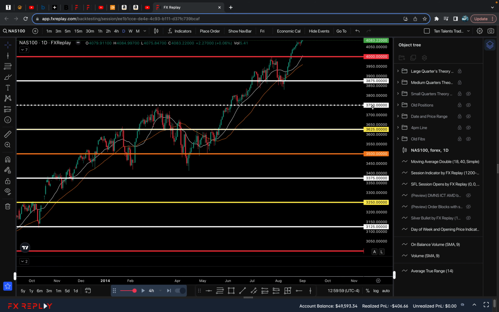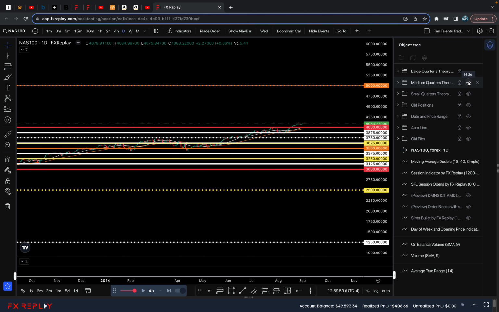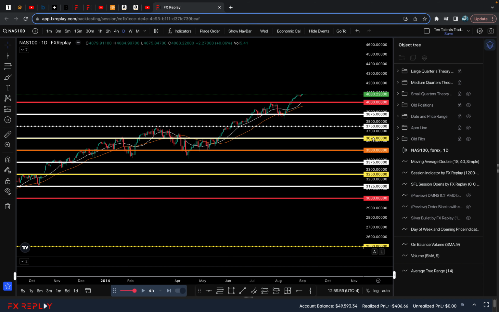Like, you know what the 750 level is. That's a quarters level, but because it's got this shape to it, you know it's one of the major ones, right? And so that's why I have these all in their own little things on the object tree.